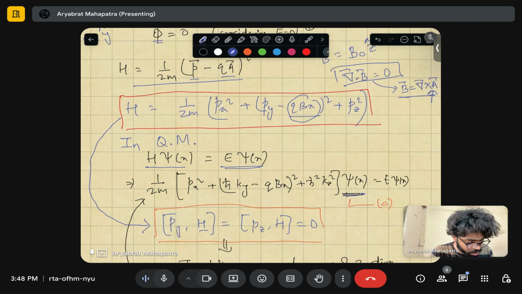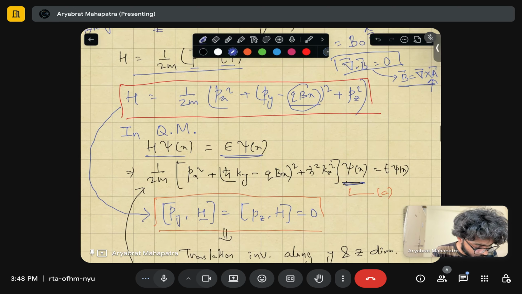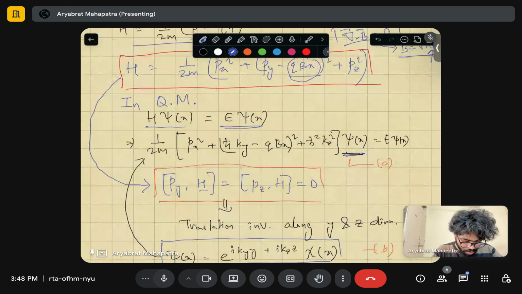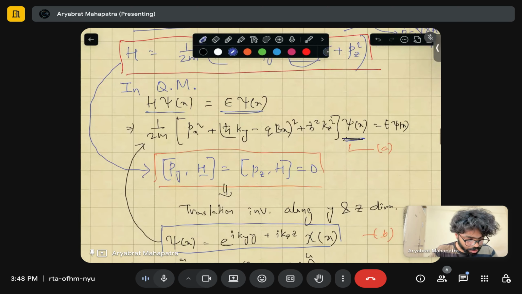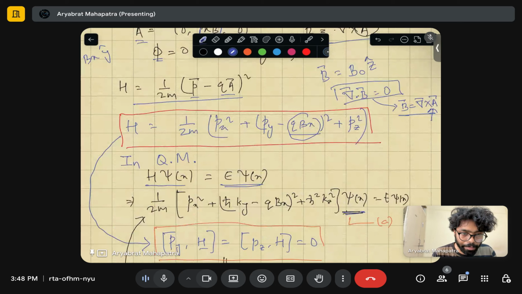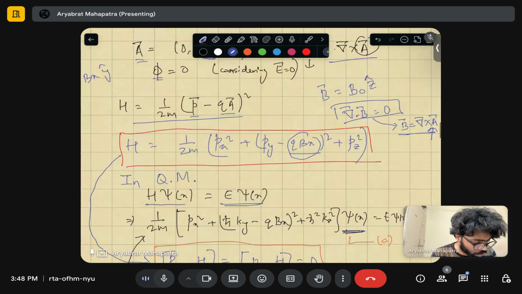Note one thing here: we are not taking any time dependence, so your Hamiltonian is completely time independent.